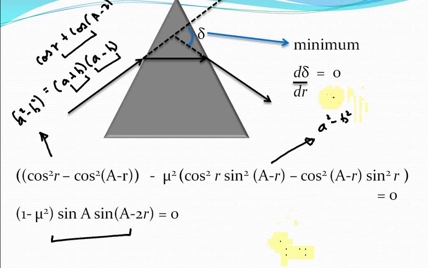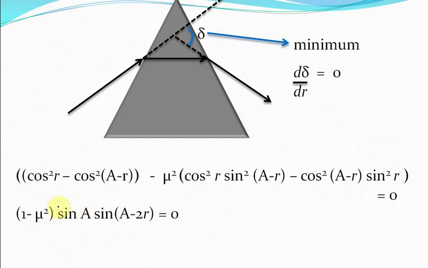Now this expression indicates that either 1 minus mu square is 0, or sine A is 0, or sine A minus 2r is 0. Now if 1 minus mu square is 0, then mu is equal to 1, but we know mu, the refractive index of the glass of the prism, is definitely not equal to 1. It will be something like 1.5 or 1.6. Sine A can also not be equal to 0, because A, the angle of the prism, is definitely not equal to 0.